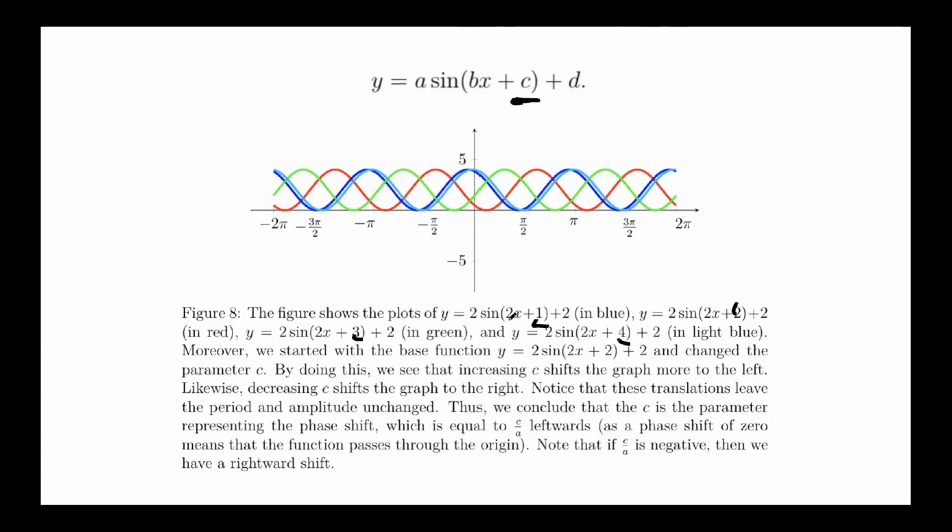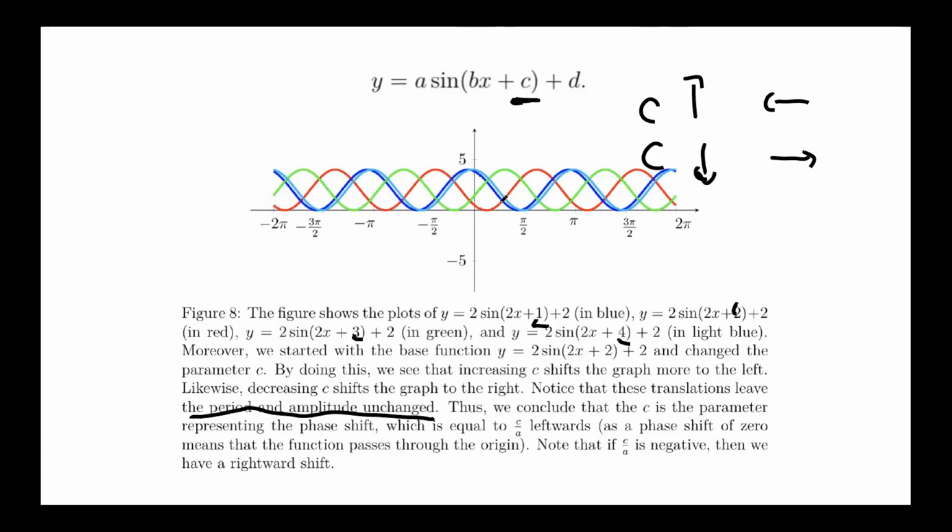Okay, now increasing C will shift the graph more to the left. So if we increase C, we will shift the graph to the left. If we decrease C, or in other words, make it negative, that will shift the graph to the right. And throughout everything, the period and the amplitude were both unchanged.